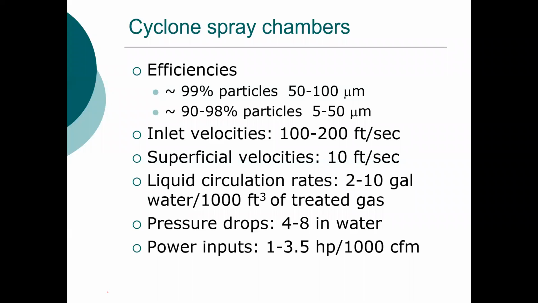And these have a higher pressure drop than the spray chamber. So you typically get better efficiencies, but you're producing more contaminated water. That's one of the major disadvantages with these systems: you're transferring a gas problem essentially to an aqueous or liquid problem.